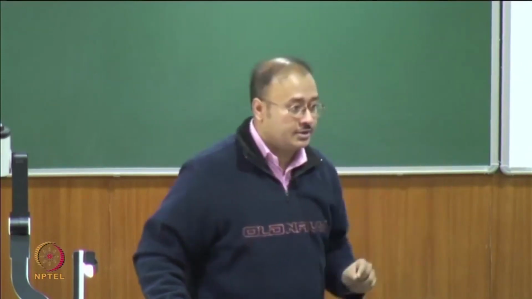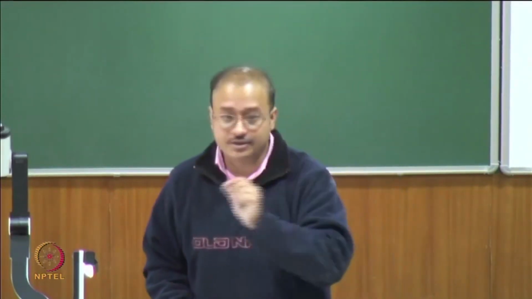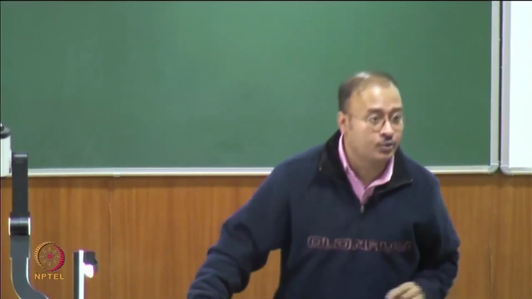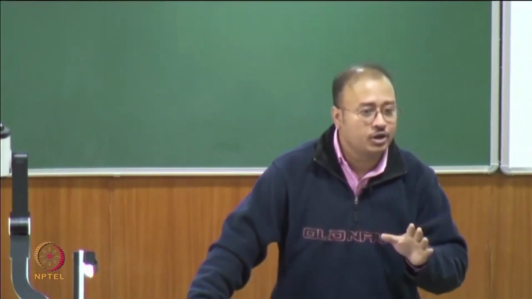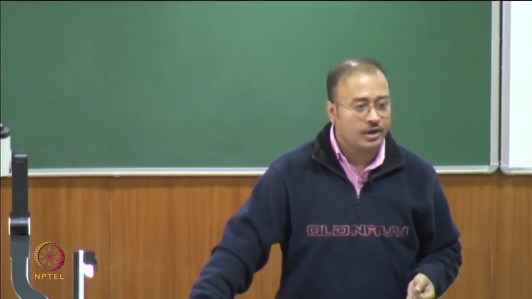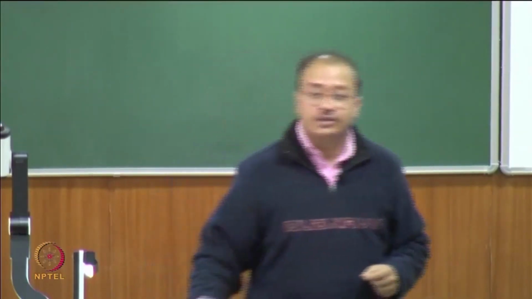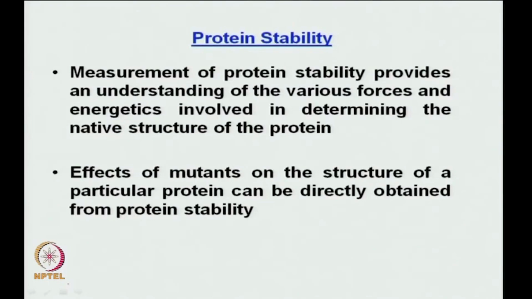Now, if that amino acid is a key unit for the stability of the protein, what will happen? The stability of the protein will decrease, right? And because the protein becomes unstable, it will melt or denature more easily, and this corresponding change in stability is essentially your change in free energy, because free energy is the one which finally defines the stability, right.